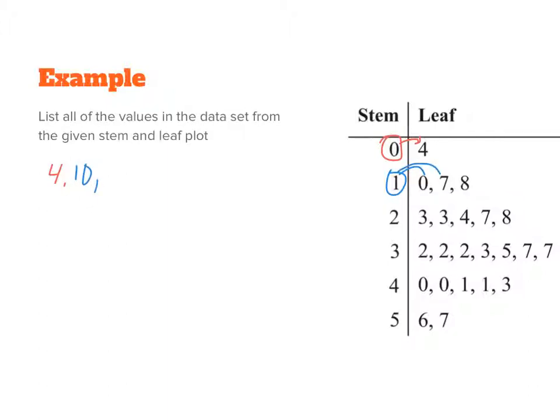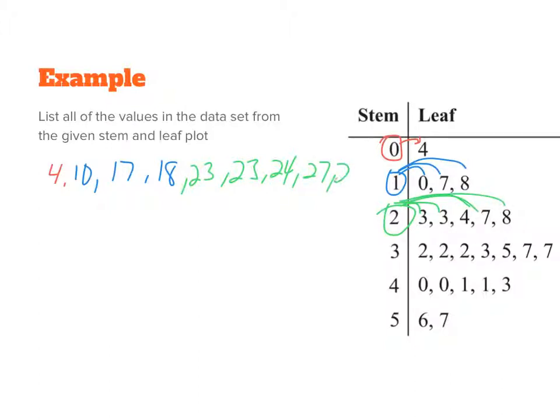Stem of 1, leaf of 7, that's 17. Stem of 1, leaf of 8 is 18. For stem of 2, I've got a 3, so I've got 23. Another 3, so another 23. A 4, 24. A 7, 27. And then an 8, 28.